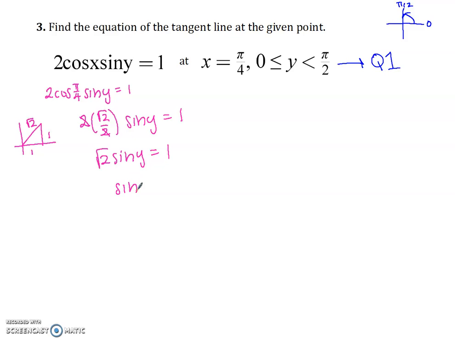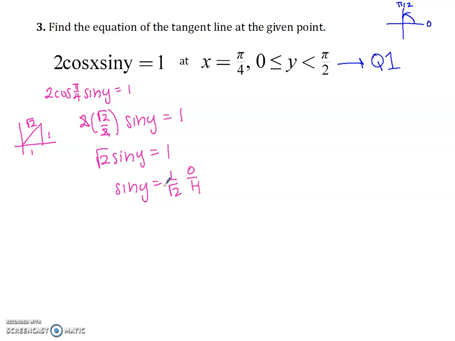Then I'm going to divide by root 2, and then I've got sine of y equals 1 over root 2. So then once you've gotten sine by itself, you can solve. This is our opposite over hypotenuse. We know y is only in quadrant 1. So normally we would take a positive sine and put it in quadrant 1 and in quadrant 2, but they tell us y is in 1.